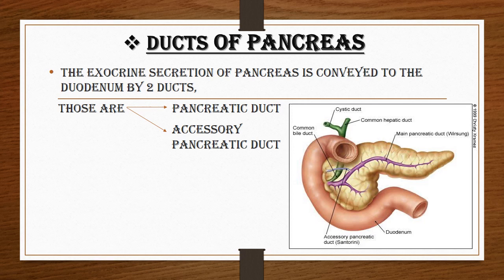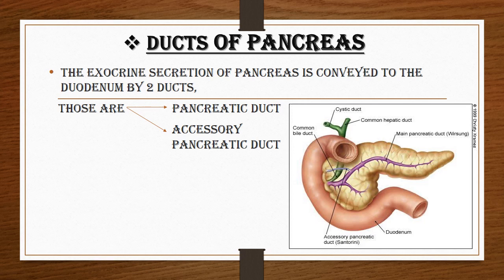The main or pancreatic duct begins in the tail of the pancreas and traverses through the body, lying midway between the superior and anterior borders and nearer to the posterior than the anterior surface.